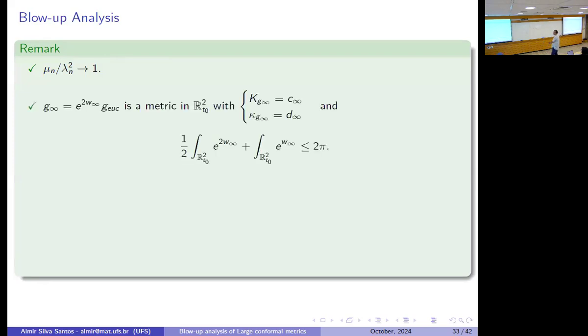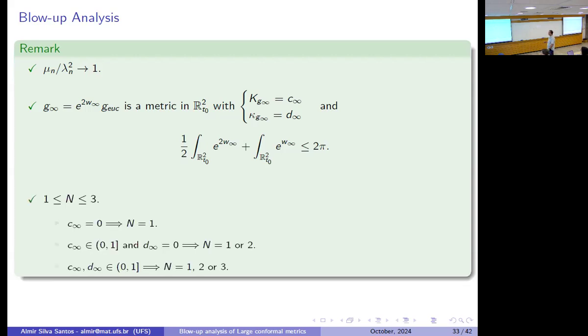This metric, as I said, gives us a conformal metric to the Euclidean metric with Gaussian curvature the constant C infinity and geodesic curvature D infinity, and satisfies this estimate on the volume of this metric. It's less than or equal to pi.